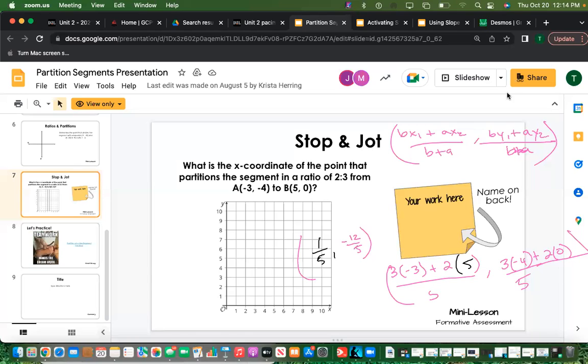Think about what the midpoint formula actually looked like. It's 1/2. It's the exact same formula. They've just done it for you. Does that make sense? The one that you're going to use most often is midpoint. So this is just a fancy way of saying 1/3 or 1/2, like finding a different one.